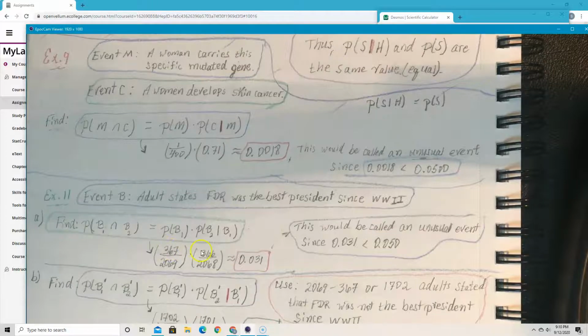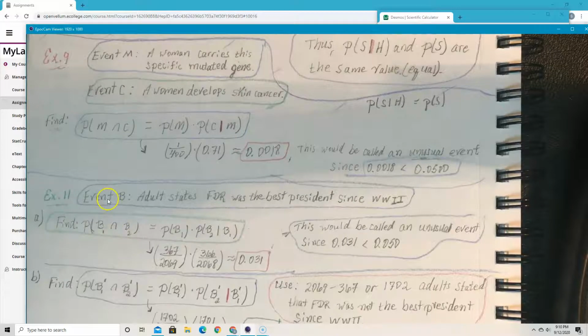And we'll multiply those together, and we'll get approximately 0.031. This would be called an unusual event since 0.031 is less than 0.050. This is a 3.1% chance, and that's smaller than a 5% chance.